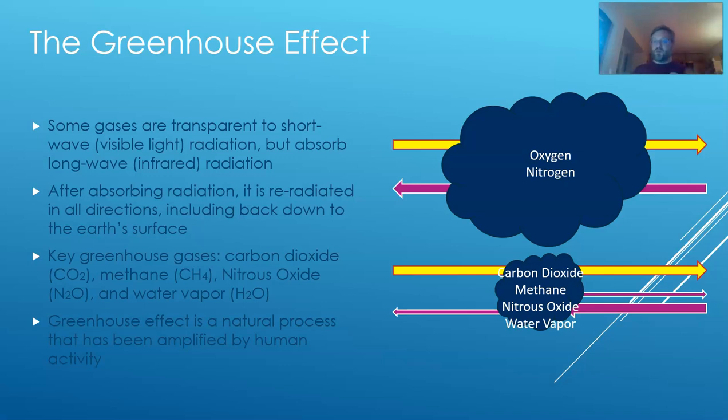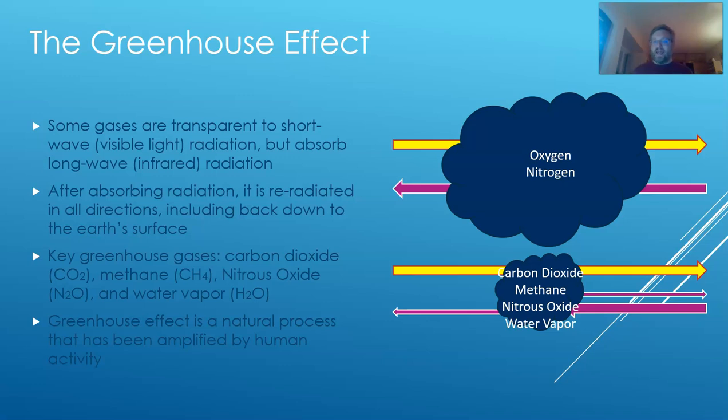So you get that shortwave radiation coming in from the sun. It goes right through our oxygen and nitrogen. And then you get your infrared thermal radiation, longer wave radiated back out from the Earth. It goes right through your oxygen and nitrogen as well. So that energy just passes right through there, same form with those gases.